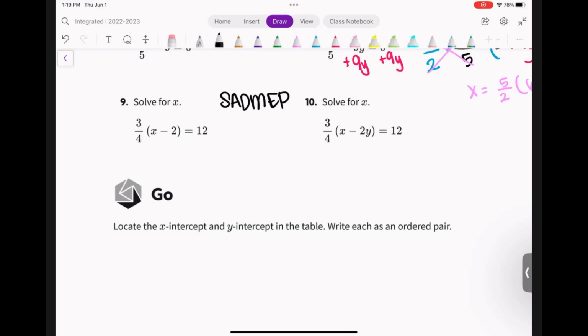Okay, so the very first thing I do is I say, hey, do you have any subtraction or addition? I'm doing 9 first. And some of you are like, yes, Miss Johnson, there's a -2 right there. Could we add 2 to both sides? And I say, no. Why would I say no? What's preventing me from saying, sure, just add 2 to both sides?